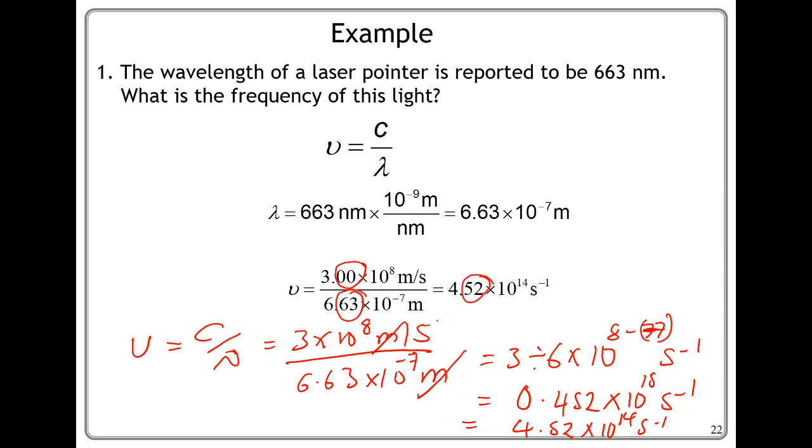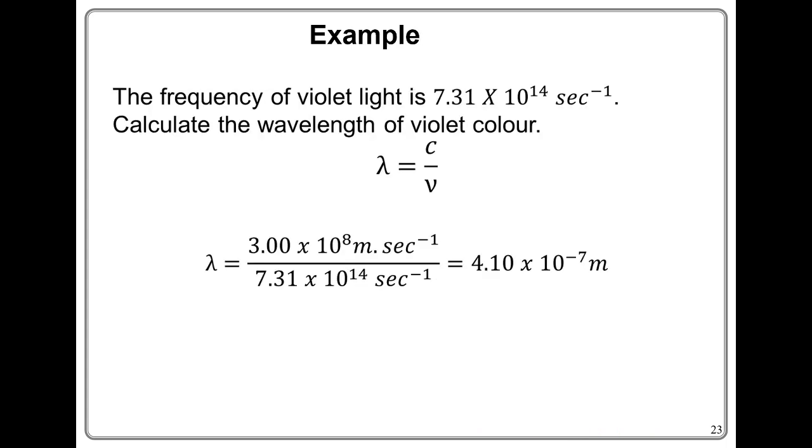Let's move to another example. The frequency of violet light is 7.3 times 10 to the power 14 per second. Calculate the wavelength. You still use the same equation. You know the speed of light is the product of lambda times frequency. We've been given the frequency, and what we are calculating is the wavelength.